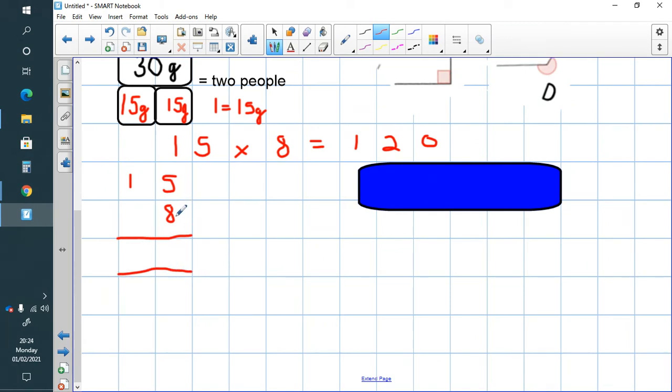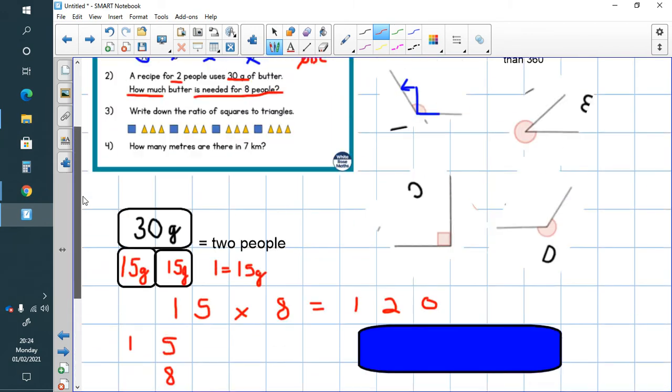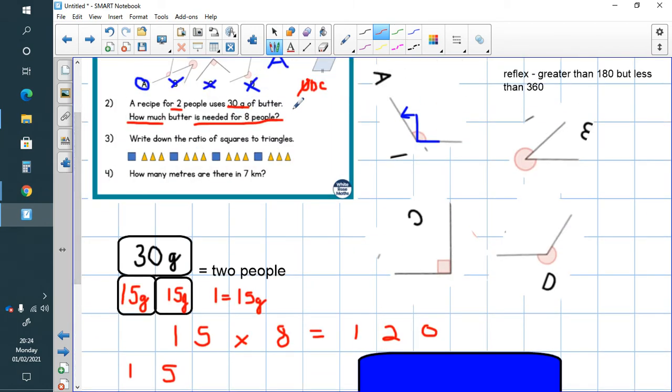Five times 8 is 40. 1 times 8 is 8. Add 4 is 12. 120. So we know that for 8 people, they will need 120 grams of butter.